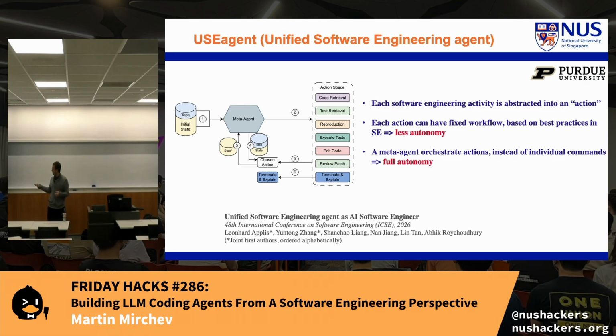All of these are provided as inputs to a meta agent, which can reason and say, okay, this is the task. What's the next step that I need to do? What more context do I need to gather so I can solve the issue at hand? And at any point, the agent can say, I'm done. Whatever I've generated, I can now give to a human to evaluate.